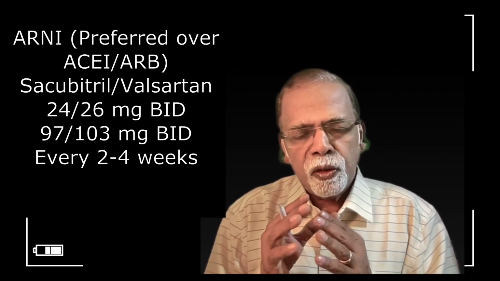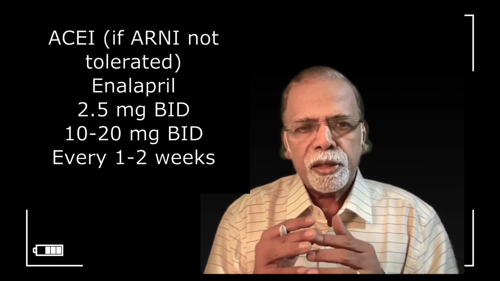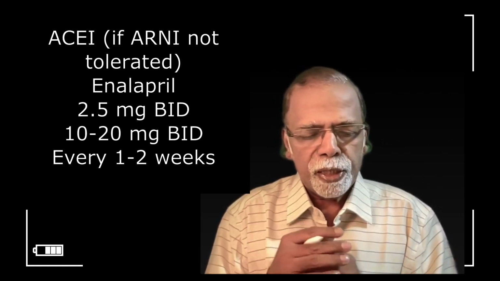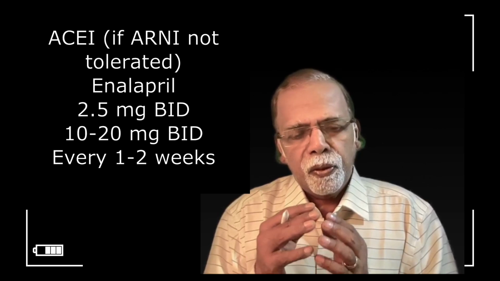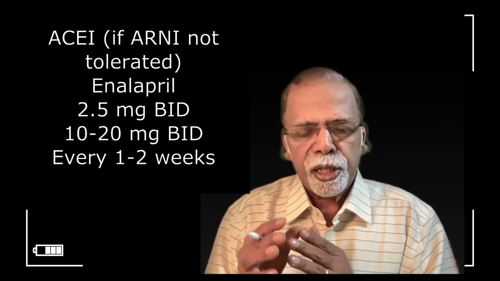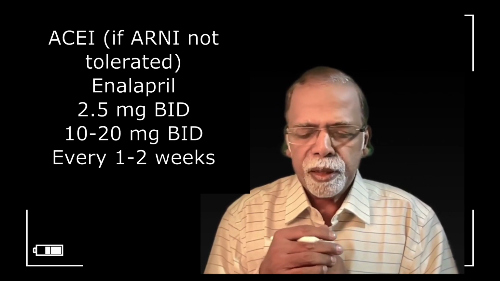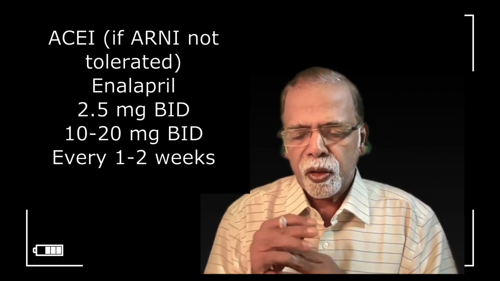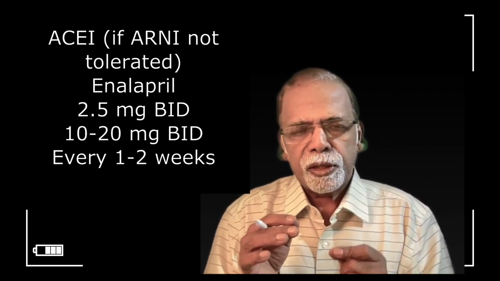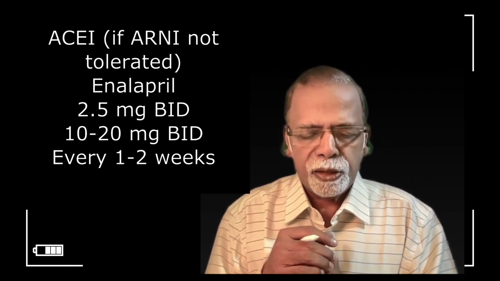If the patient has contraindications like angioedema, or cannot tolerate it due to financial reasons, etc., you may go for ACE or ARB. If an ACE inhibitor is used, it is enalapril 2.5 milligram twice daily, step up to 10 to 20 milligram twice daily. Again, it is done over 1 to 2 weeks. So start with 2.5 milligram twice daily, increase every 1 to 2 weeks so that the target is achieved.